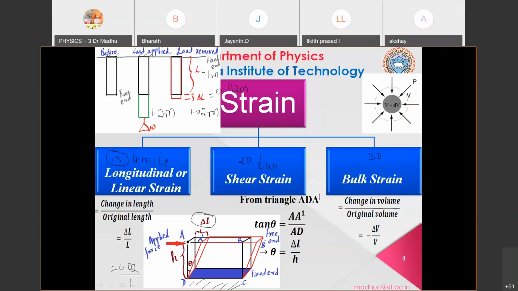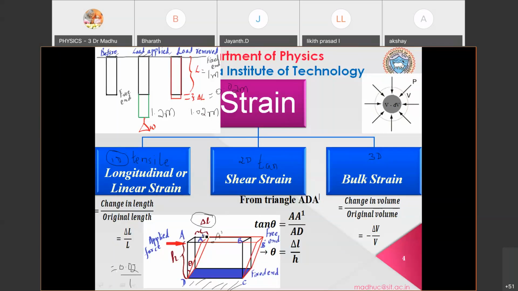I will call this A double dash. Once I apply the force, A is coming to A dash. Now I will remove the force. Once I remove the force, this point has to go back to A. Instead, it will stop at A double dash.